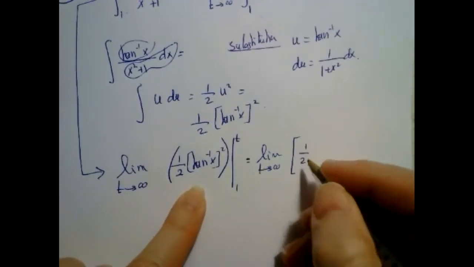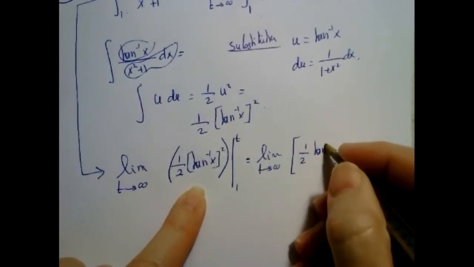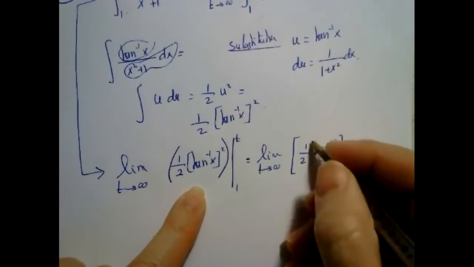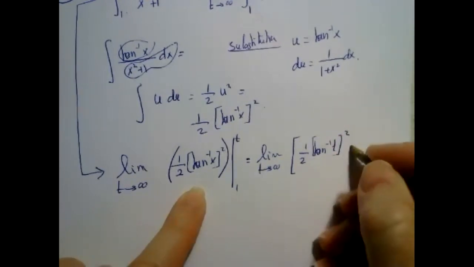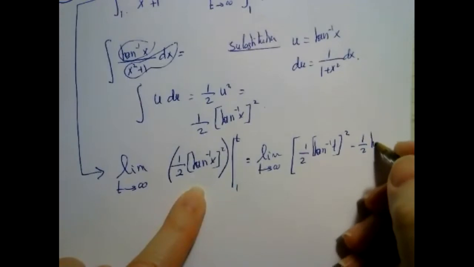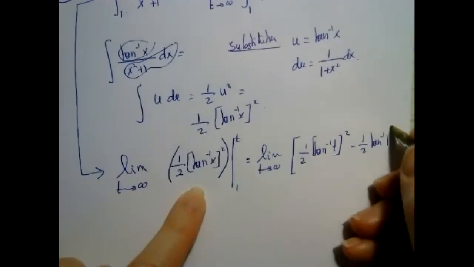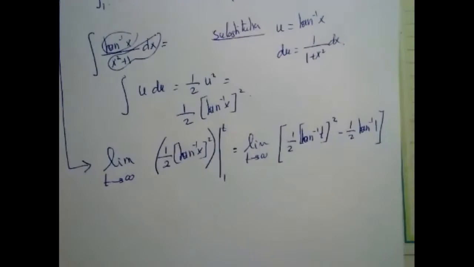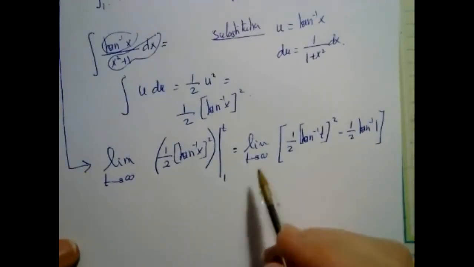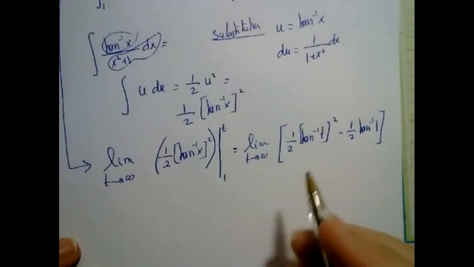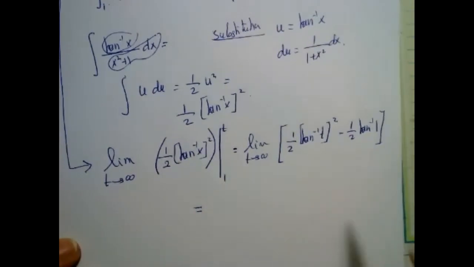It's a half tangent inverse of t, squared, minus a half tangent inverse of 1, squared. And I need to compute the limit of that as t goes to infinity.